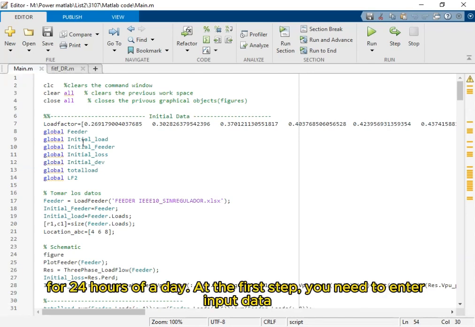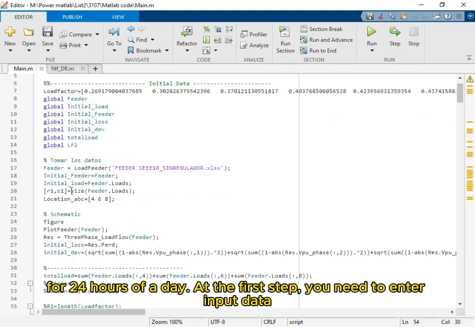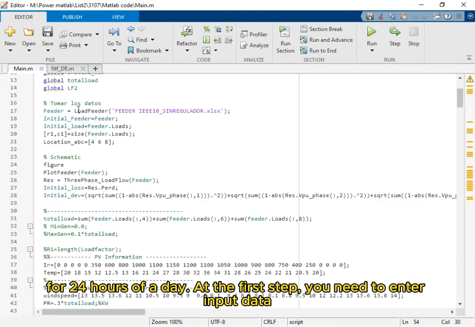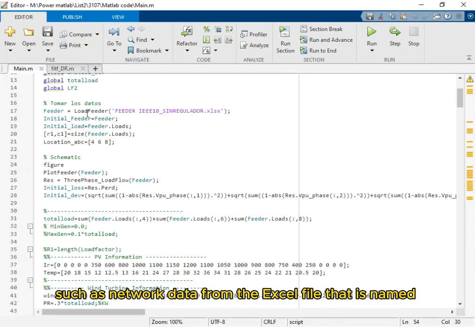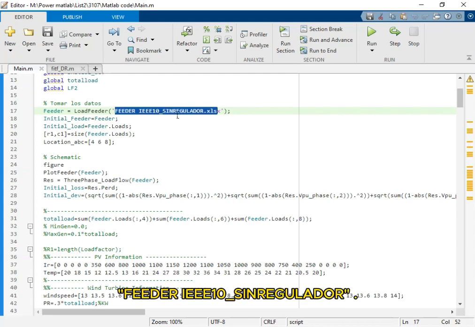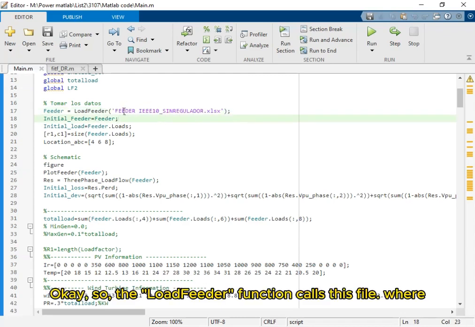For 24 hours of a day, at the first step, you need to enter input data, such as network data from the Excel file that is named feeder IEEE10 sin regulador.